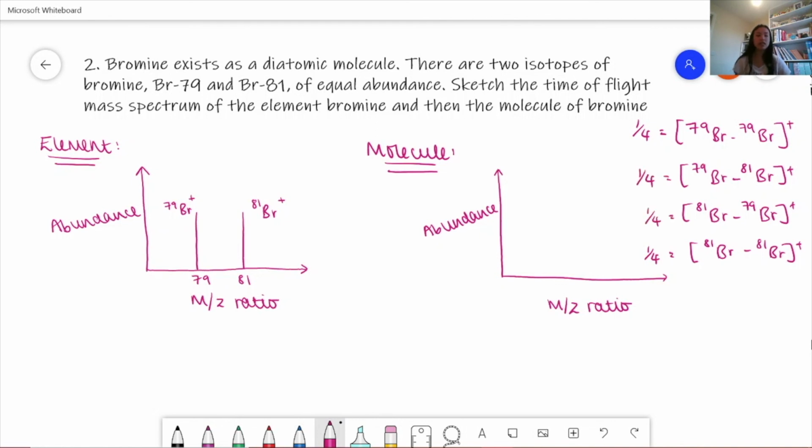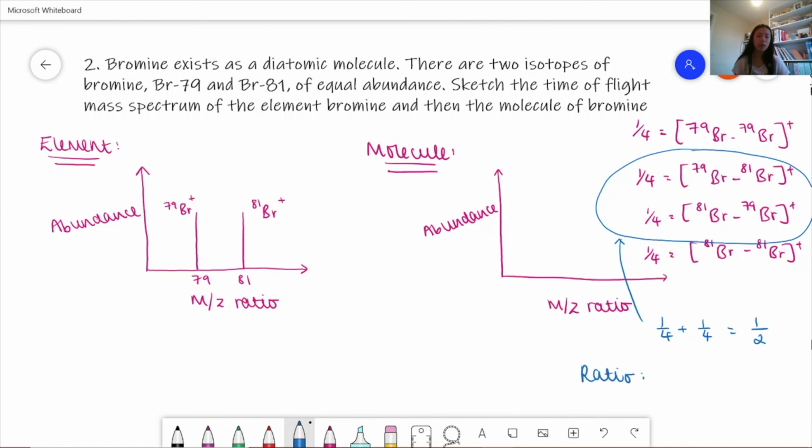And so because these two here are actually the same thing, therefore we add these probabilities up. And so we get a quarter plus a quarter is equal to a half. And so the ratio we have is a quarter to a half to a quarter.